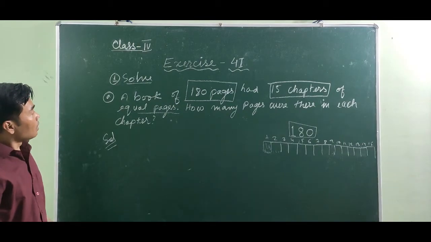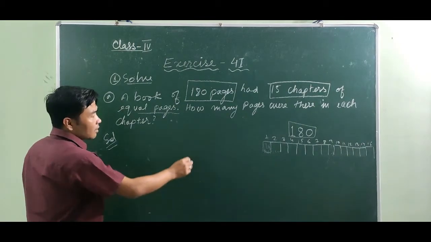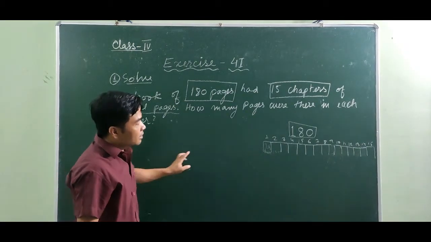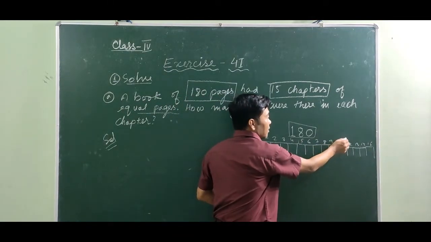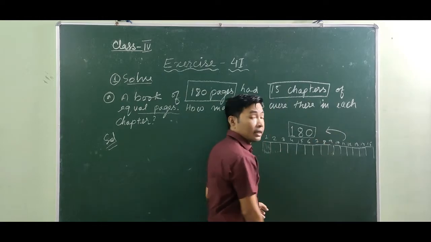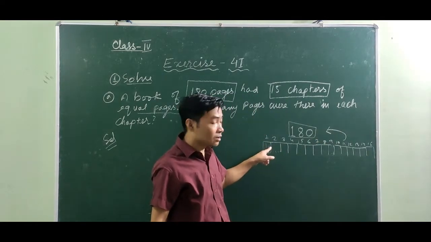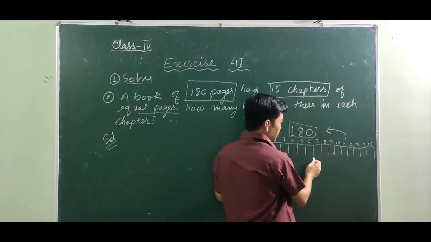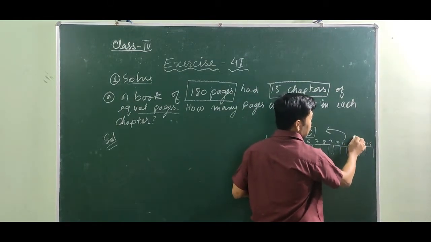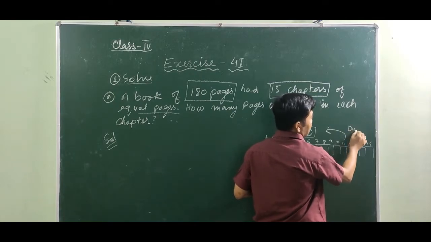So now what we'll do, you divide the total number of pages by this number of chapters, 15, and then you will get how many pages there are in one chapter. So the number of chapters is our divisor.